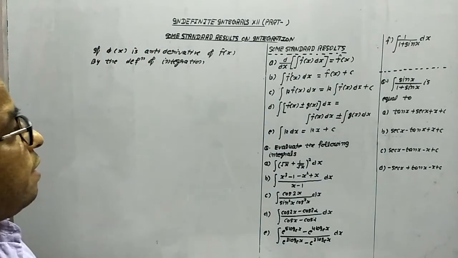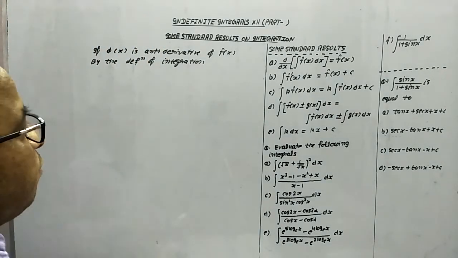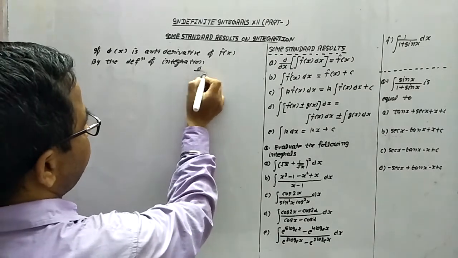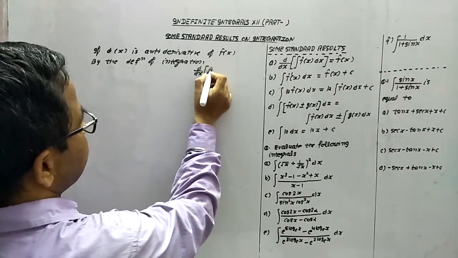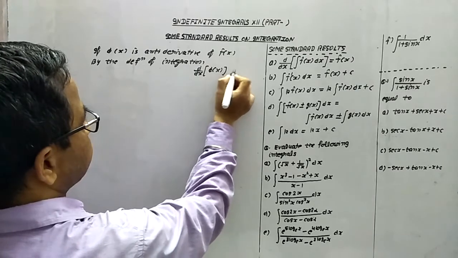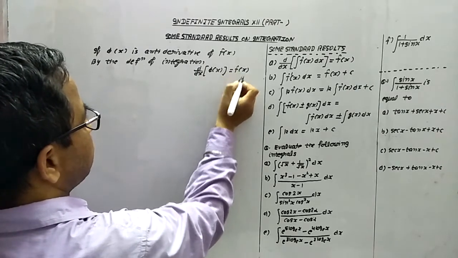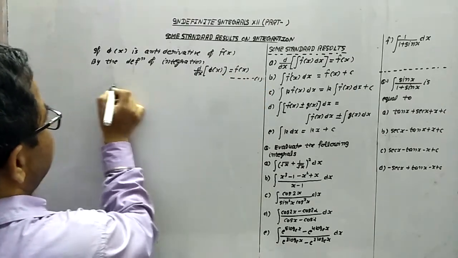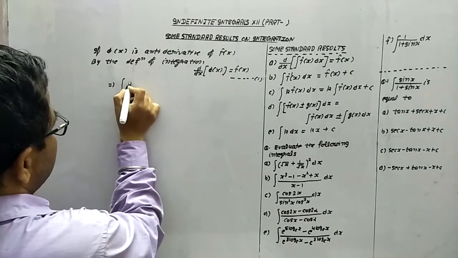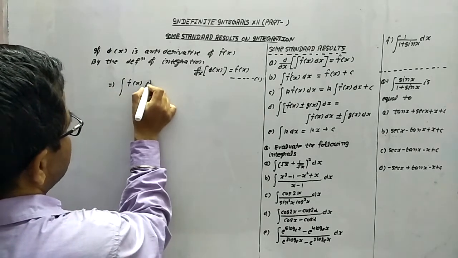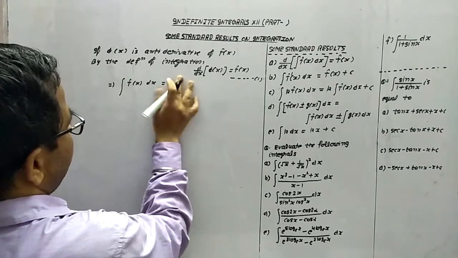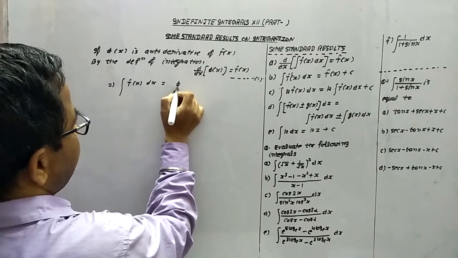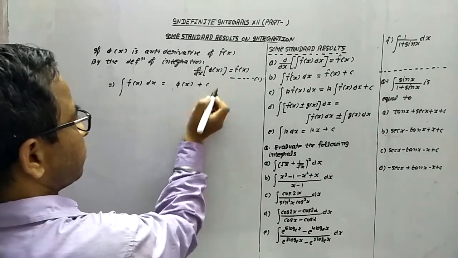If phi(x) is an antiderivative of f(x), then by the definition of integration, d by dx of phi(x) is equal to f(x). This is equation number 1, and it implies that the integral of f(x) dx is equal to phi(x) plus c.